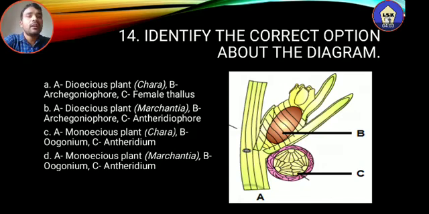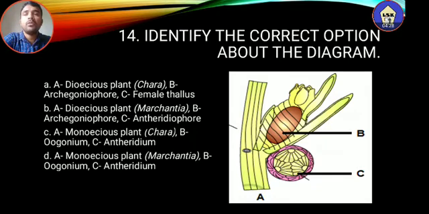Just observe the diagram. This should definitely be Chara, because Marchantia is an example of liverworts. So this is not a liverwort. Definitely this diagram represents Chara, an alga. So what will be the right answer? Here it consists of two types of sex organs, both male and female.